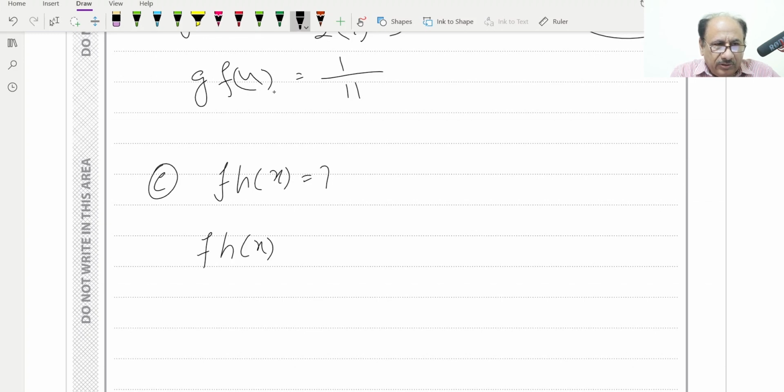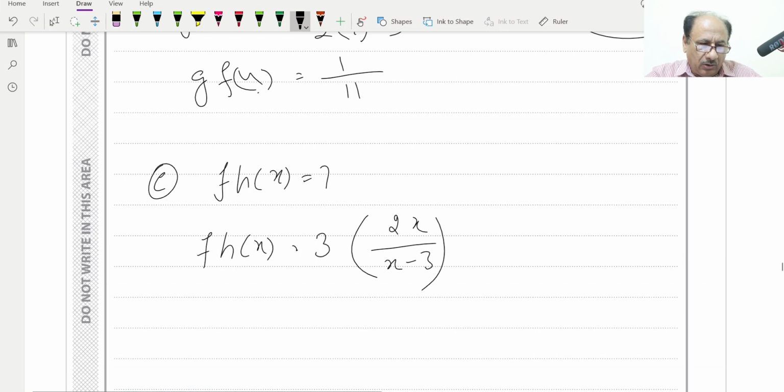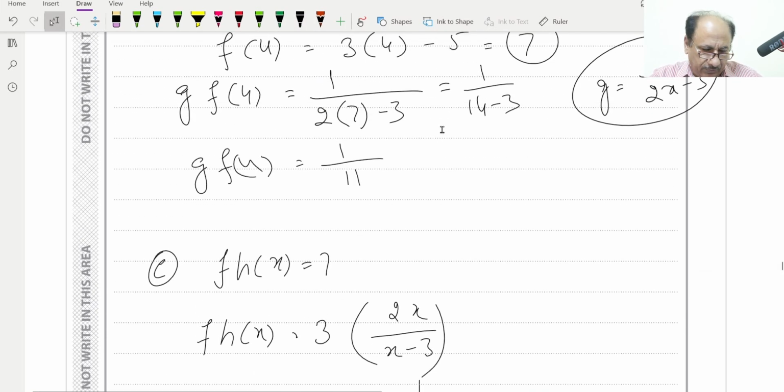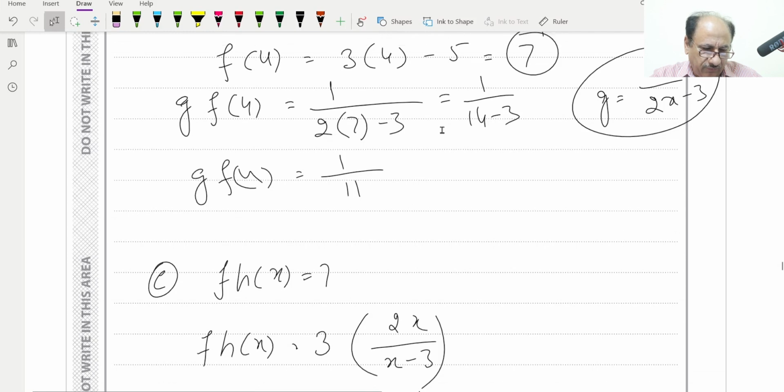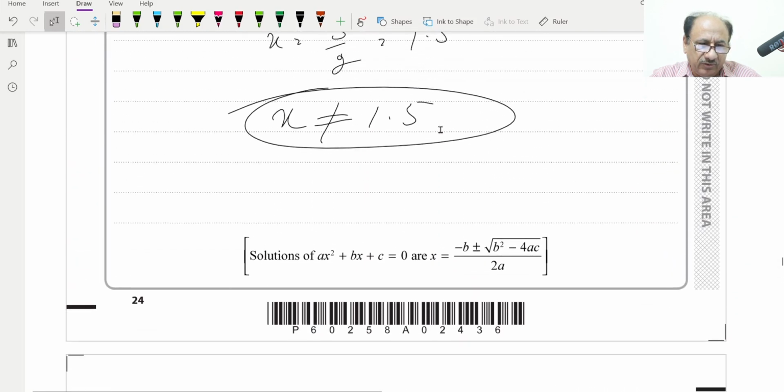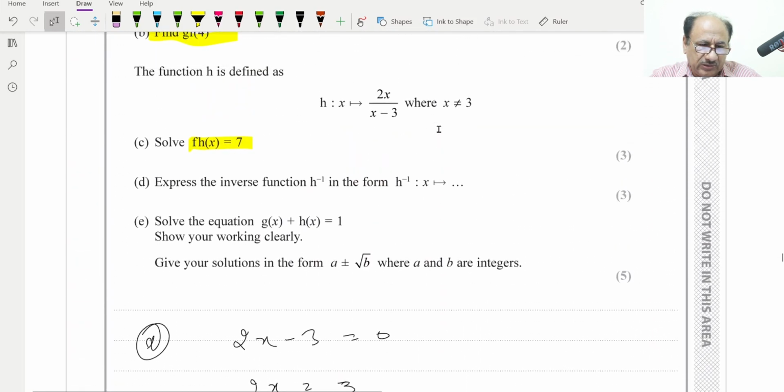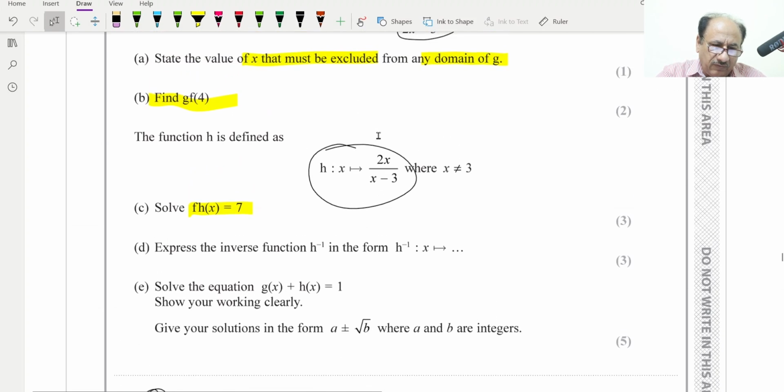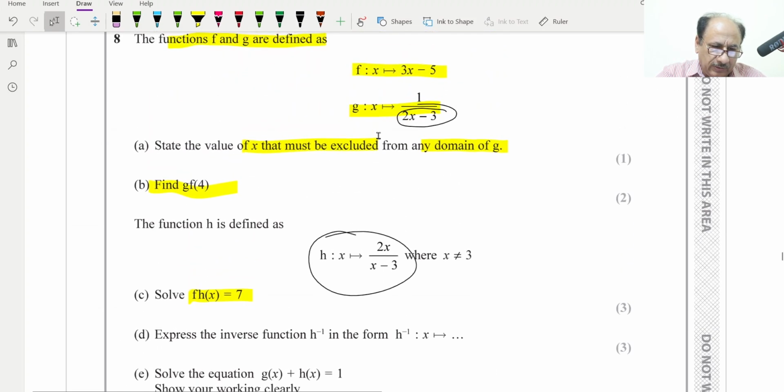and this will be equal to 3 into 2x over x minus 3. And how we got this? Basically we found h of x, which is given over here, this one, and f of h of x means we replaced h of x value in this 3.